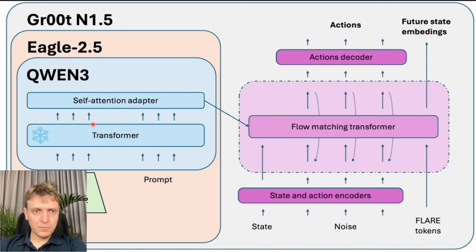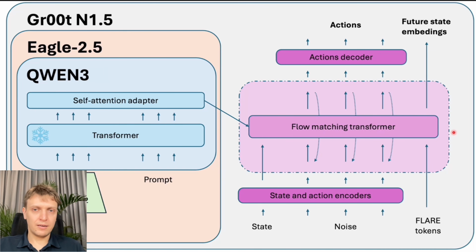Okay, and then the output of this self-attention adapter again goes to the flow matching transformer. Most of this transformer is the same, except this part on the right. And this part on the right is called FLARE. Basically, this is an auxiliary loss that is very similar to the GR00T model.